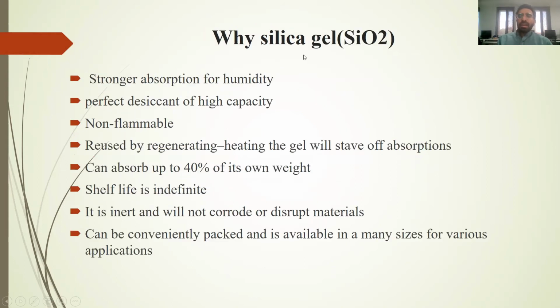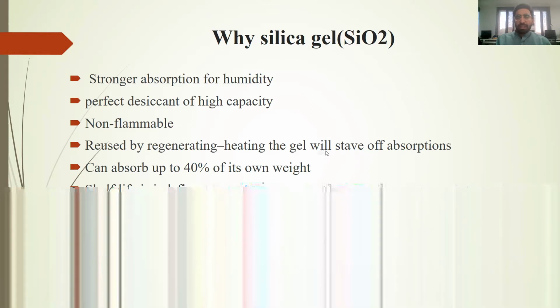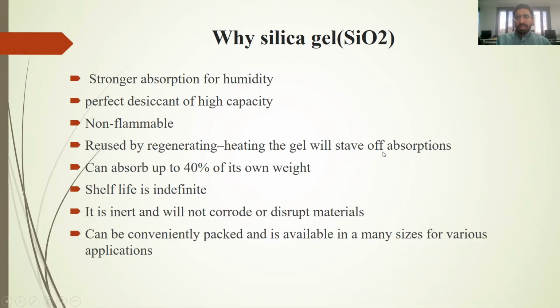Why do we choose silica gel, SiO2, for our cooling purpose? It has stronger absorption for humidity, it is a perfect desiccant of high capacity, not flammable, and can be reused by regenerating through heating. The gel can absorb up to 40% of its own weight.